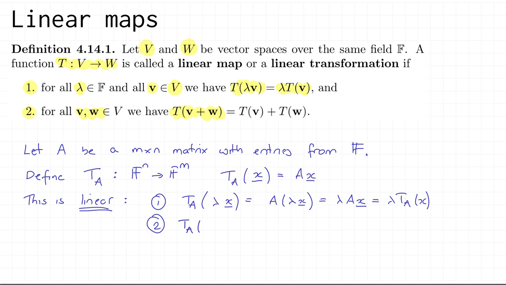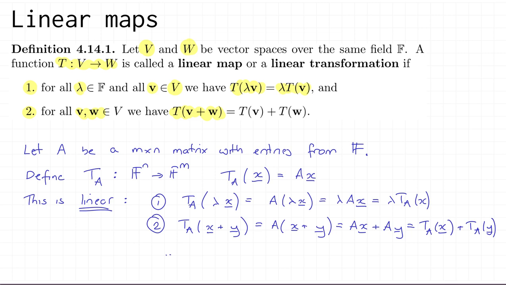Similarly, property 2 is just a standard property of matrix multiplication. For any two height n column vectors x and y, if you look at T_A of x plus y, by definition that's A(x plus y). But again, one of the properties of matrix multiplication was that it distributes over matrix addition, and in particular A multiplied into x plus y is the same as Ax plus Ay, which is T_A of x plus T_A of y.